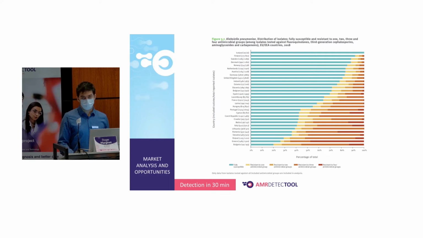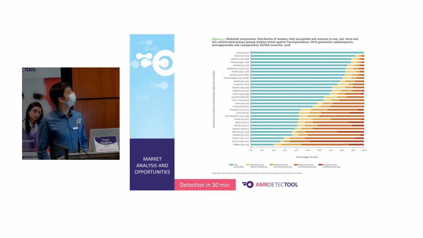And then, starting more into Europe itself, here is the graph shown by the ECDC 2018, which shows for Klebsiella pneumoniae how many bacteria were fully susceptible to antibiotics, how many were resistant to one antibiotic group, how many to 2 antibiotic groups, and the ones that were resistant to 4 antibiotic groups.